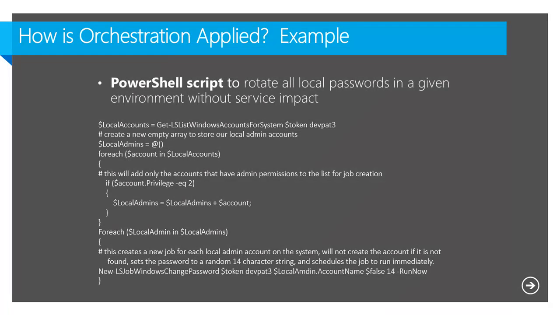So what this one does is this says, change all the local passwords in a group of machines. So this is if I have, let's say, 1,000 machines, I want to change, say, the built-in administrator account no matter what it's been named to. So with this program, we ask our program to do what's called get LS list Windows accounts for system.